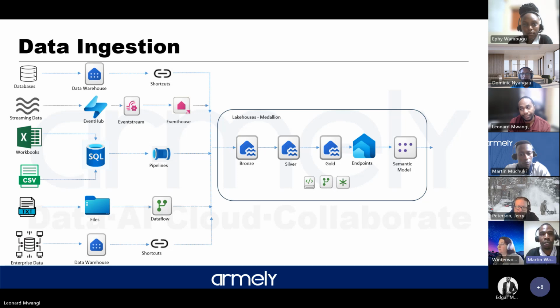The first thing we did is to create the bronze layer. The bronze layer is where the data is ingested from the Eventhouse pipelines and dataflows. In this layer, we store raw data, ensuring that the data remains as it is. We maintain the historical data. We do minimal data validations, and the schema is not that flexible.